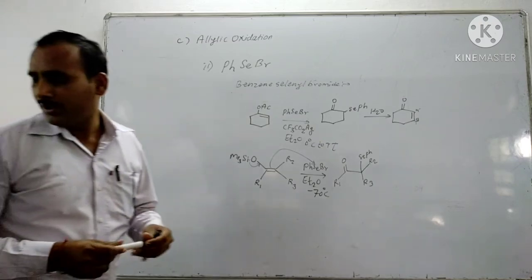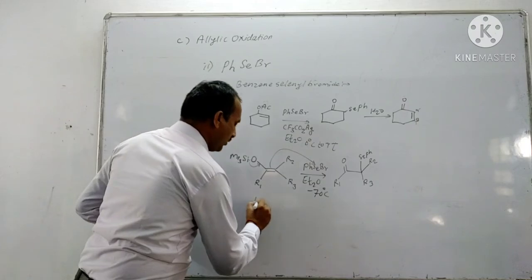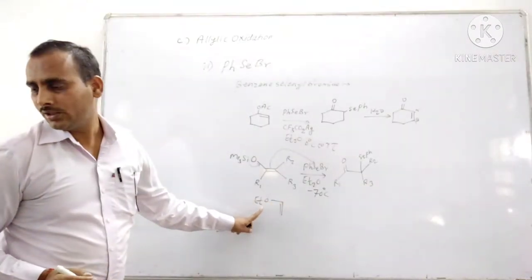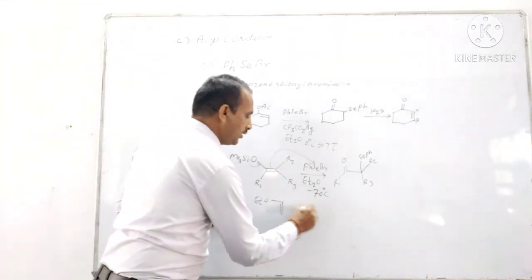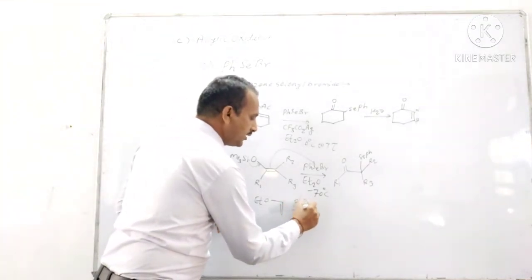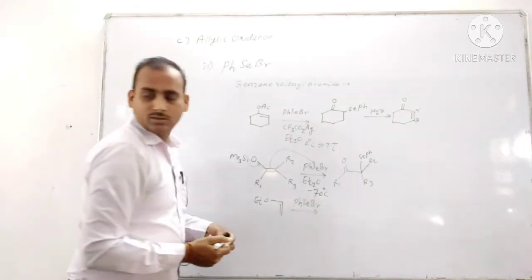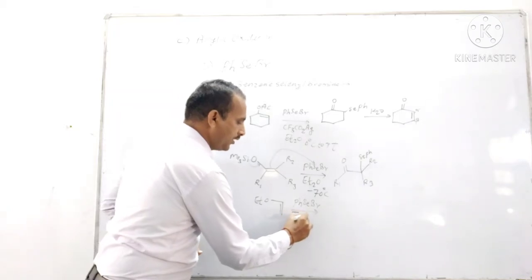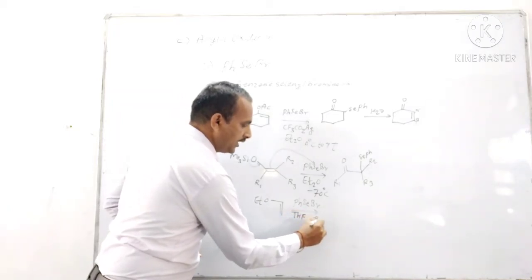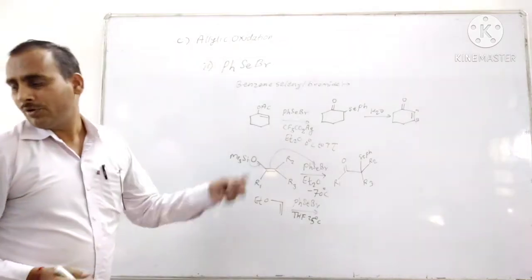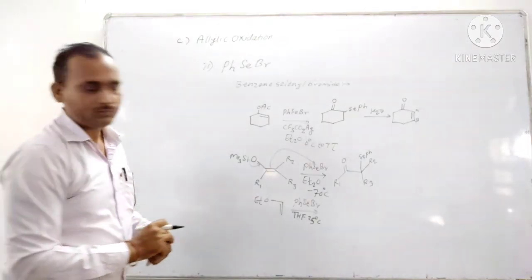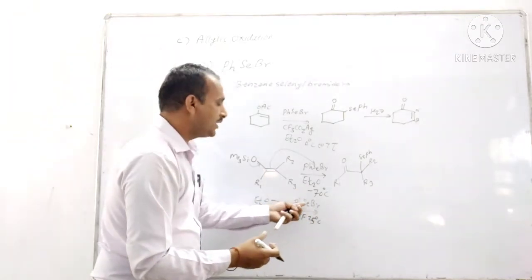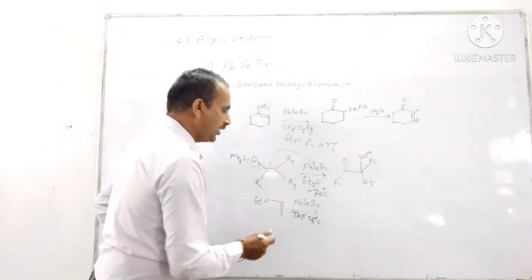Now another example, ethyl oxygen, allylic ether, then benzene selenyl bromide by using solvent THF at 25 degree Celsius. Now here is addition of this benzene selenyl bromide across the carbon-carbon double bond.